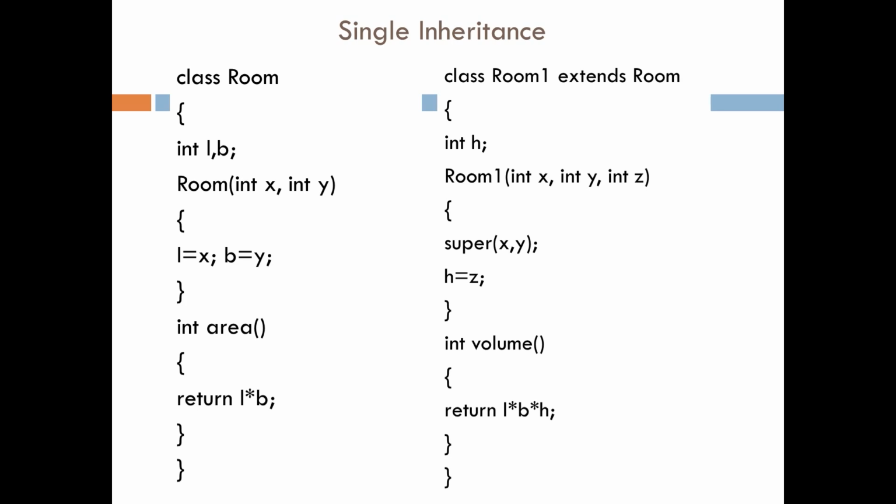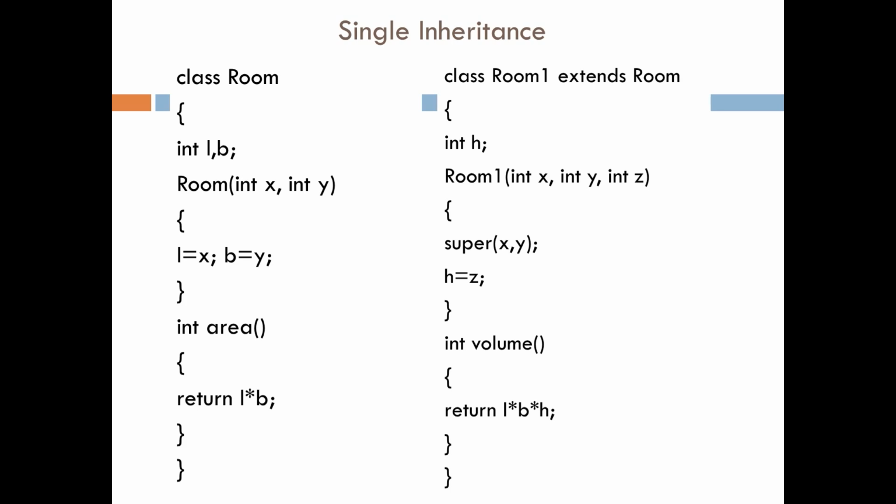It is a constructor, then a method to calculate the area, and it will return the area of the room. Now we have a class Room1, which will extend all the properties of class Room. Here we are declaring only the member height, as we need height to calculate the volume. So we are declaring an integer type height property only.